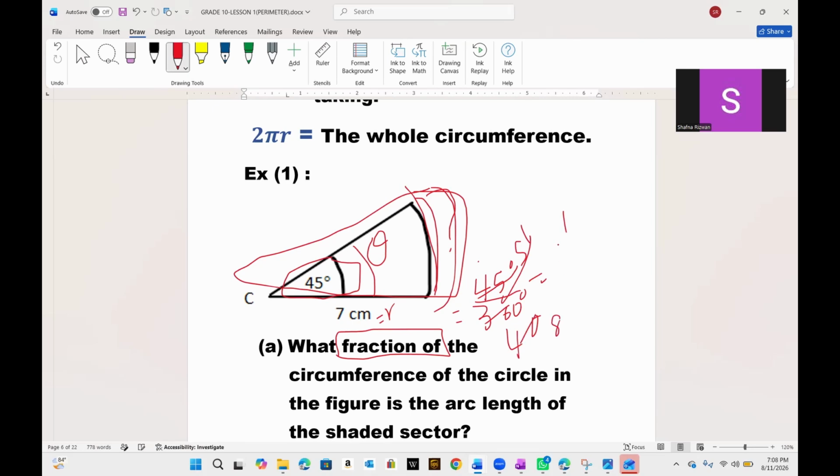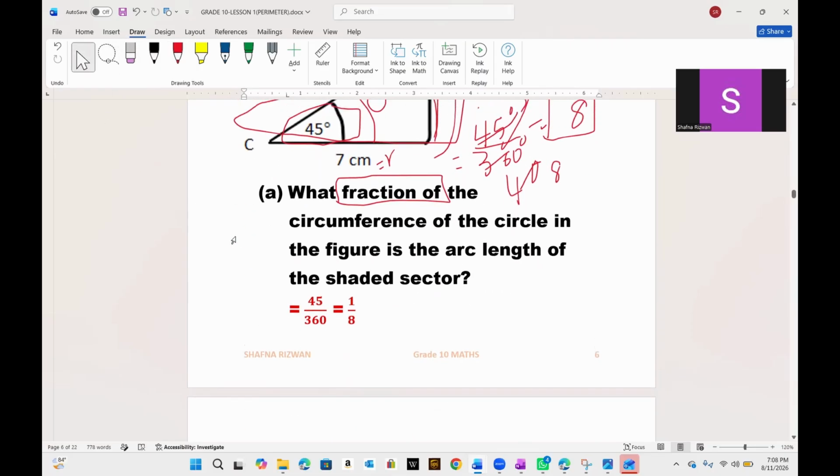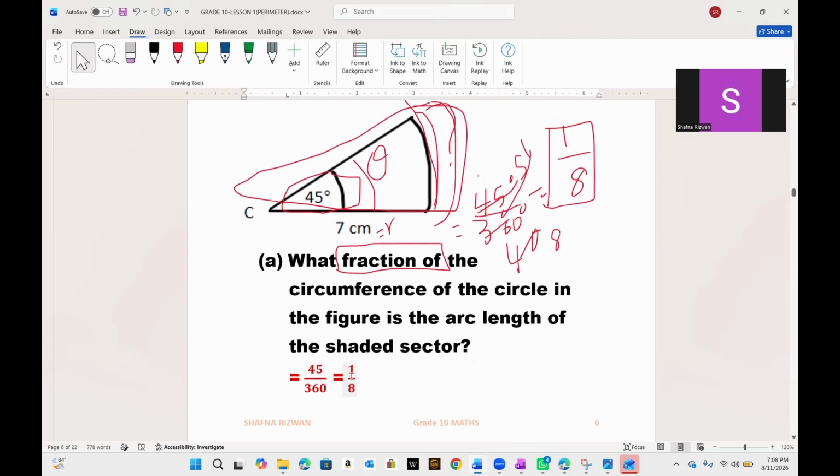So what is your fraction? 1 over 8. Only 1 over 8 of the circle we are taking as the arc length of our figure. Did you understand? See here, 45 over 360 equals 1 over 8. Right?